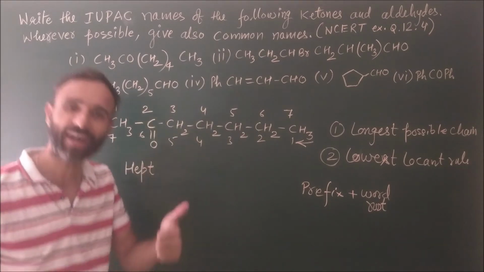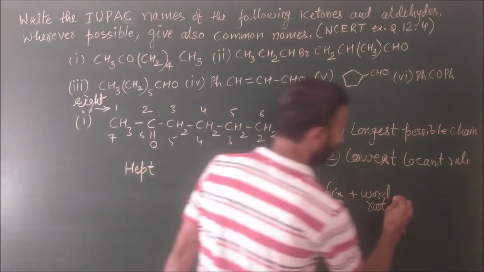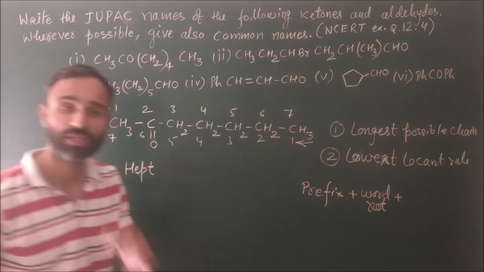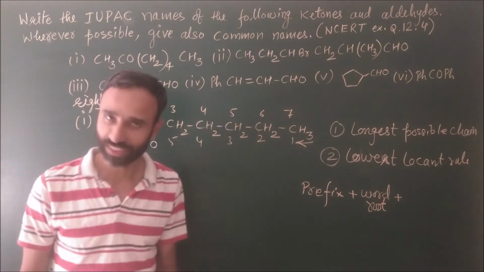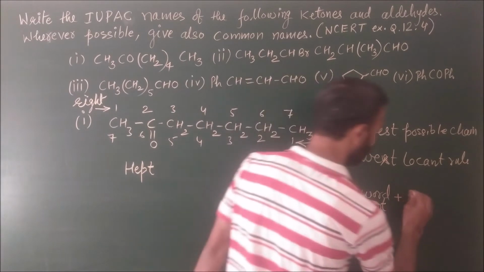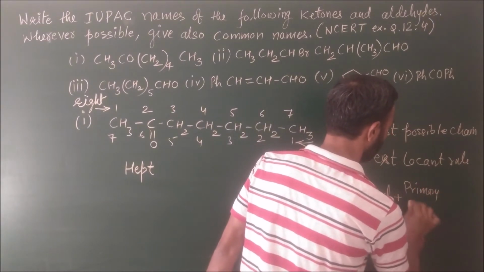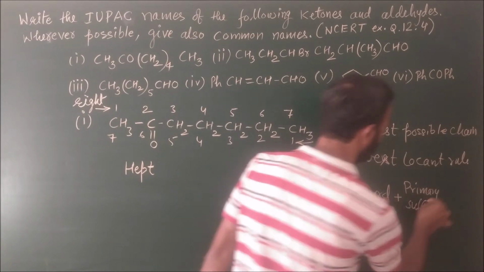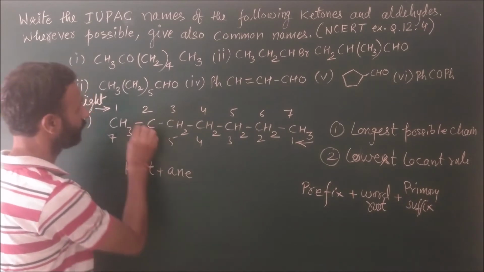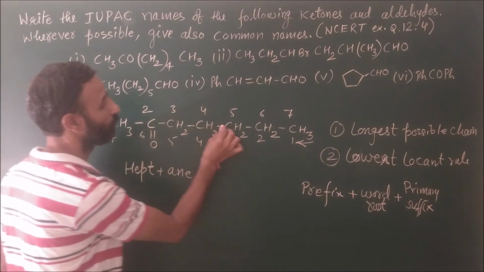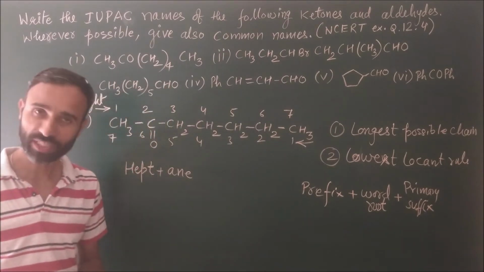Rather it is hepta, but we write it as hept, the reason being the next primary suffix. The primary suffix is either ane, ene, or yne. Here it is ane, because there are carbon-carbon single bonds only.